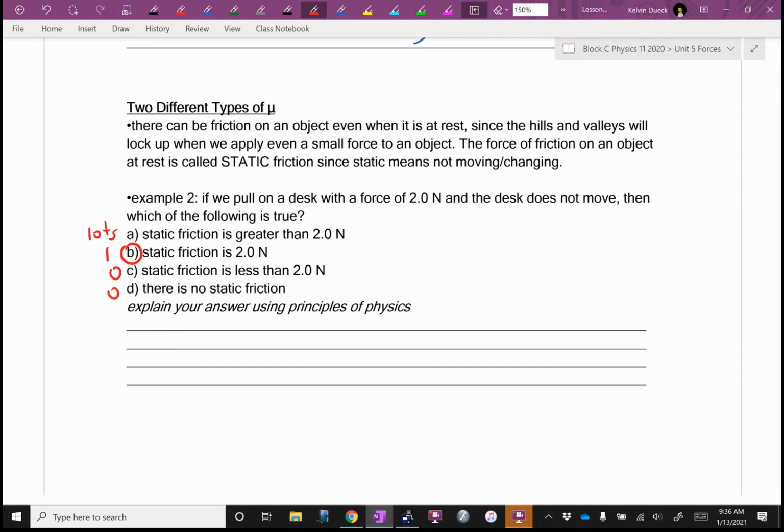Now, suppose the biggest force of friction this can exert is 20 newtons. If I pull with 19, how big is friction? 19. If I pull with 19.9, I can actually feel through my hand this is just about ready to move. If I pull with 20.1, there. Friction can no longer match me.